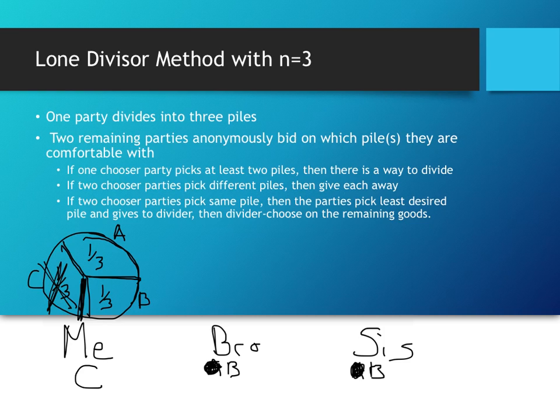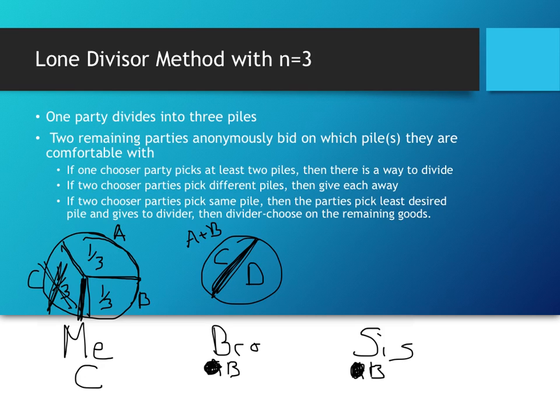Now the pile's gone. And now what happens is that A and B get thrown together, A plus B. And then the brother is now going to redivide this. So A and B get thrown together, and now you're going to do a divider-chooser method. And obviously this might be divvied up very differently, but a divider-chooser method still guarantees fair share between these two.